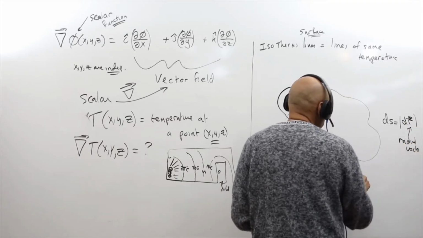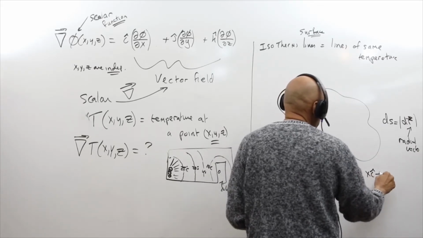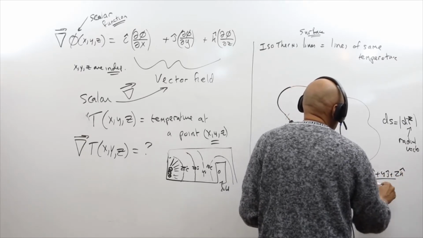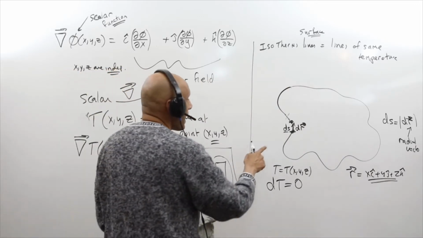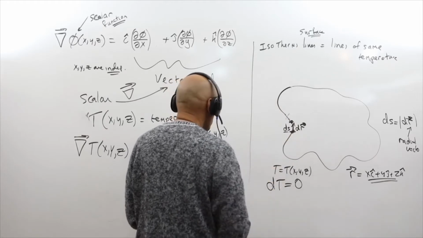Remember, whenever I do the radial vector, I'll always denote it by an r, and that really means nothing more than xi plus yj plus zk. So if I'm traveling along that isothermal surface, the change in the temperature must be equal to 0.